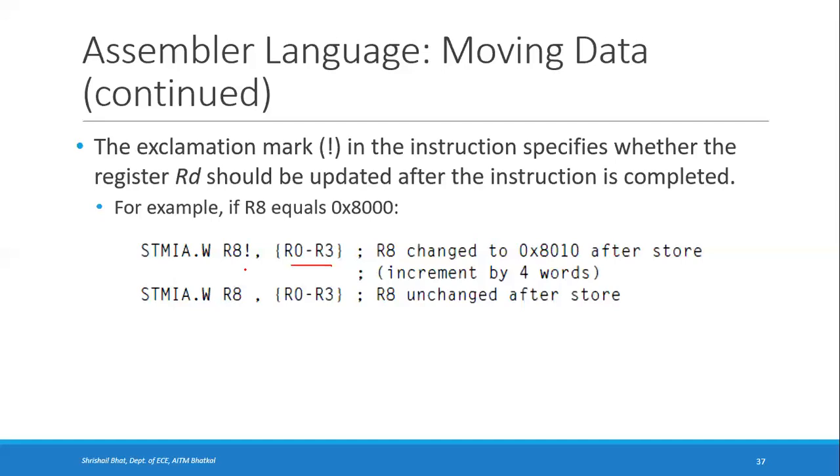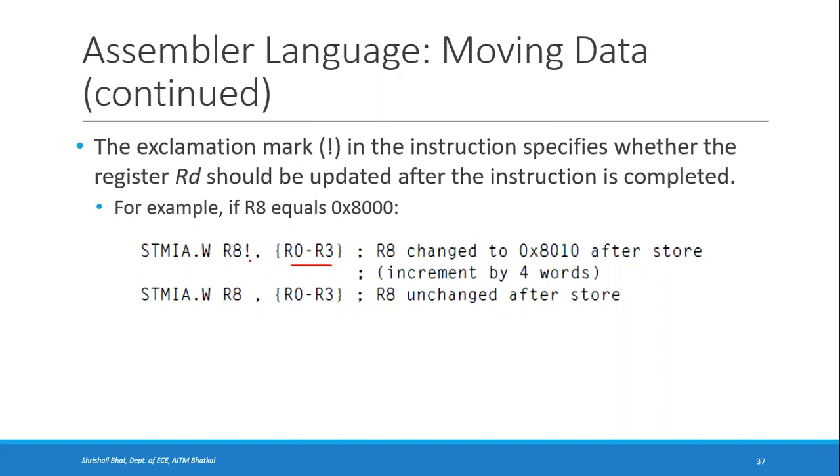So it takes 4 words: R0 into the memory location pointed by R8, then R8 plus 4, R8 plus 8, R8 plus 12, which in hexadecimal is C. But as we have used this exclamation sign, after the transfer R8 will be updated. Where will the next transfer happen?